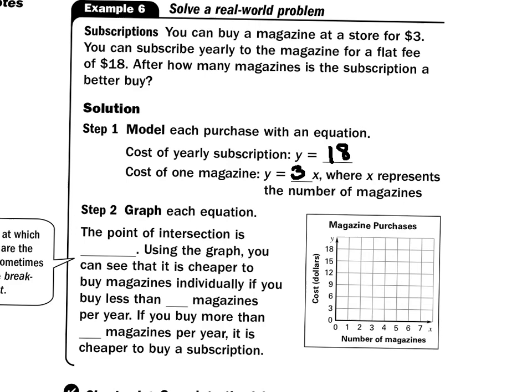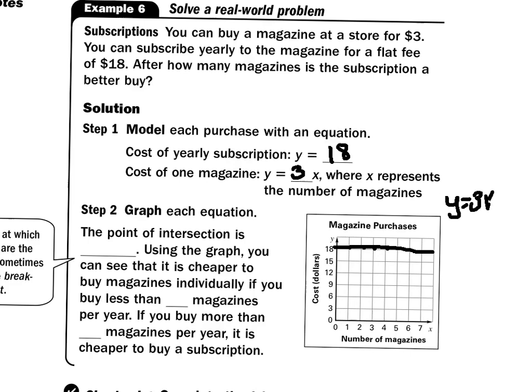So we're going to graph each equation. Okay, y equals 18. So let's put some dots at every time that y is 18. Okay, it's a horizontal line, isn't it? So here's that line. Now, let's graph y equals 3x. Well, let's just write it here.